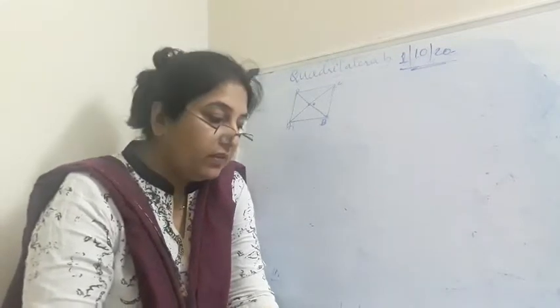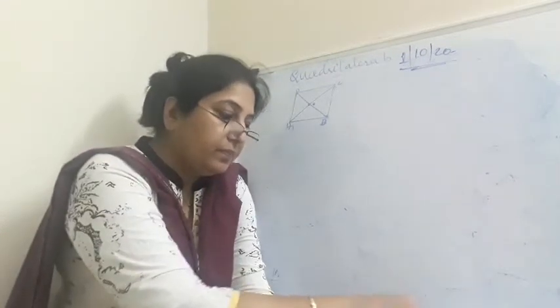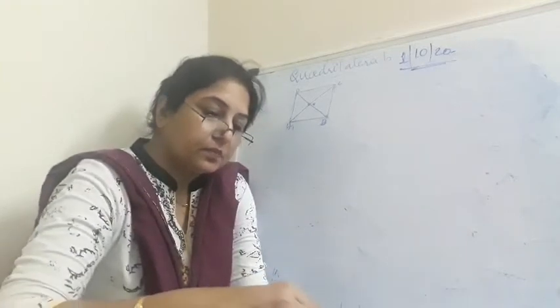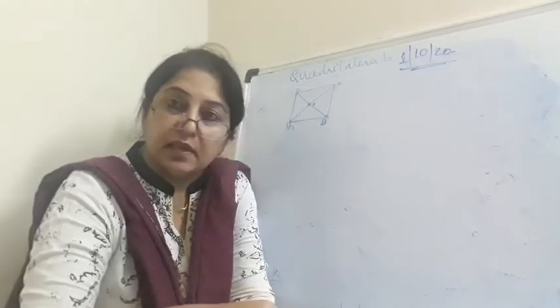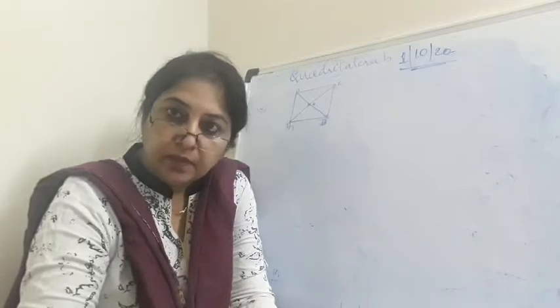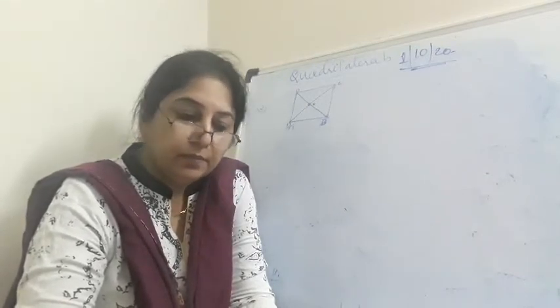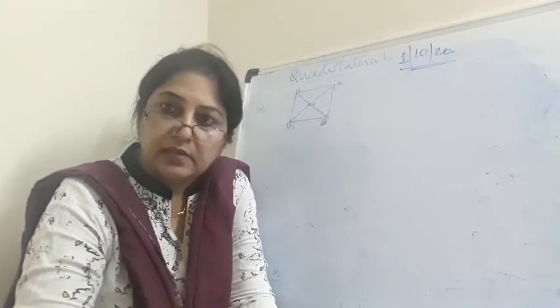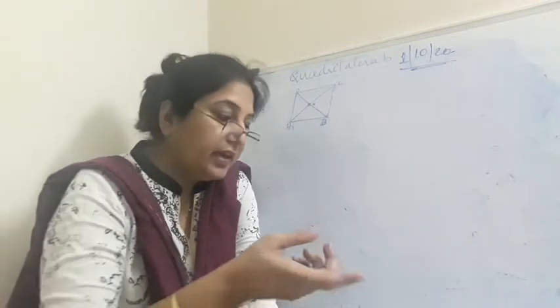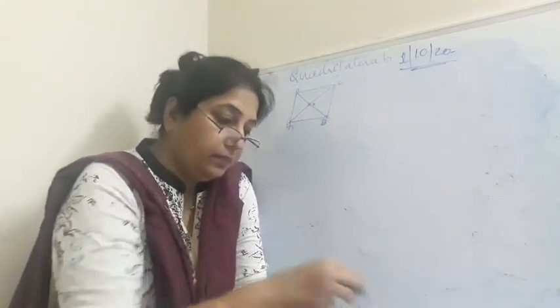When we prove that it is a parallelogram, we will get the opposite sides to be equal and parallel. Then in the second part of the proof, we will take up two triangles in such a way that we will get adjacent sides to be equal.